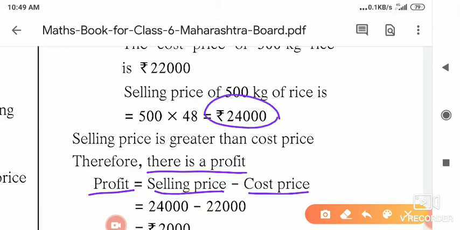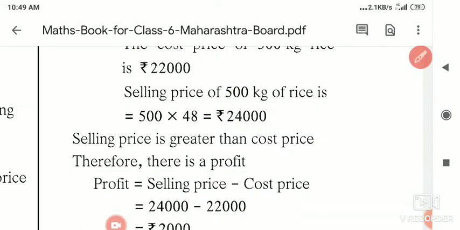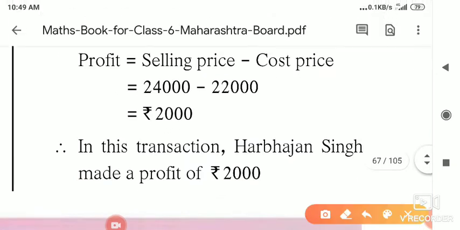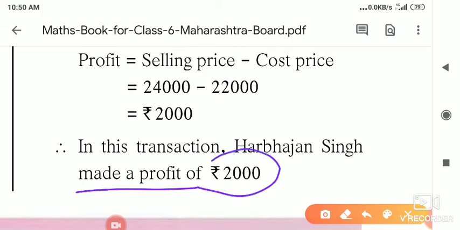So the selling price is 24,000 and the cost price is 22,000. So 24,000 minus 22,000 is equal to 2,000 rupees. In this transaction, Harbhajan Singh made a profit of 2,000 rupees. Understood, all of you?